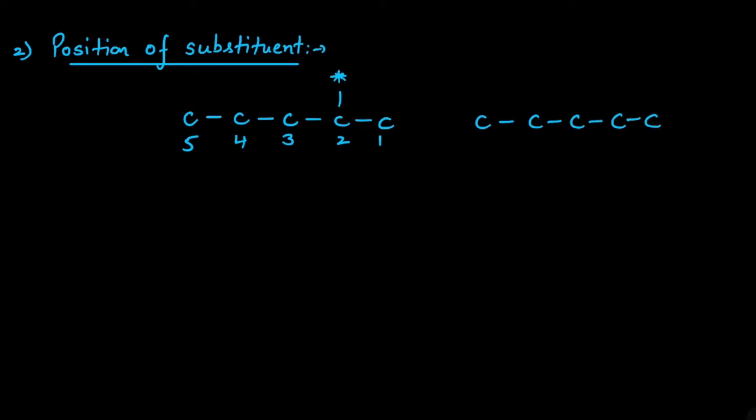Now student decides to number it in the reverse order. Now in the first case the substituent gets the second number, while in the second case the substituent gets the fourth number. So the rule is that we have to give it the least number. So the first one is the correct answer while the second one is the wrong way.